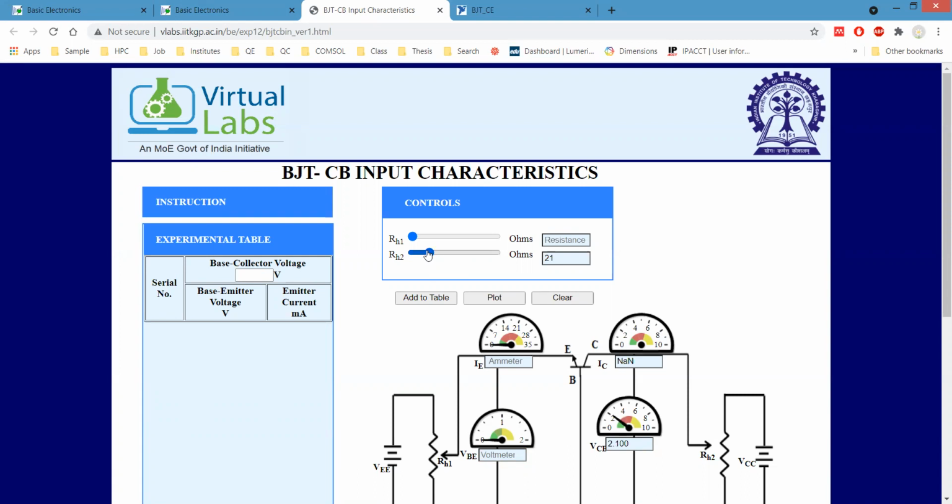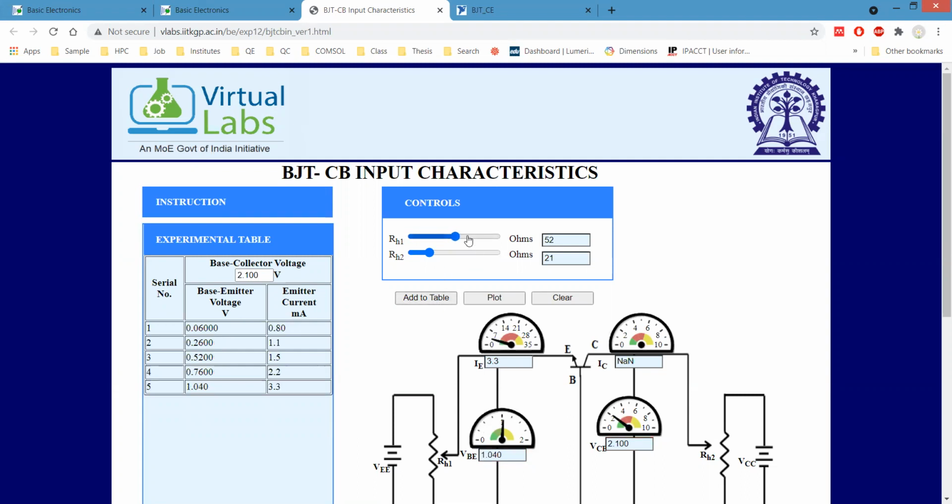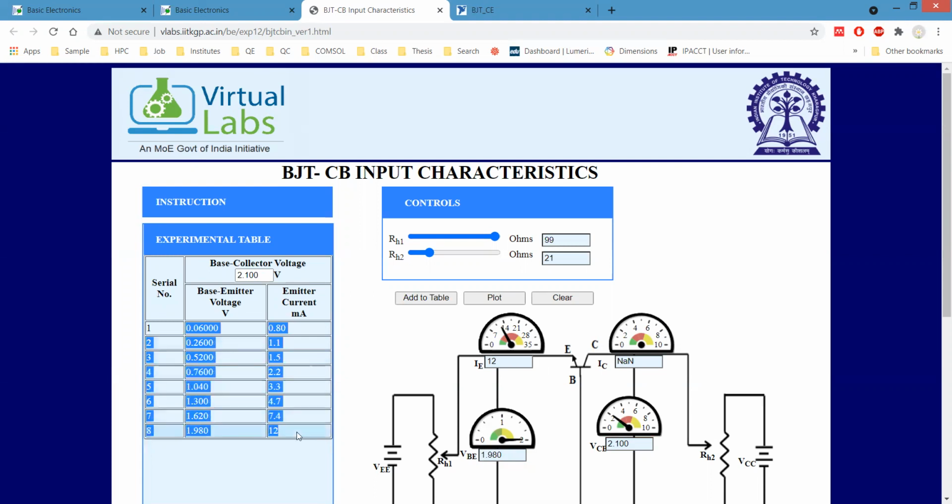So now consider the voltage VCB as 2 volt, and we'll take the same data for the input characteristics. In this case, VCB is 2.1 volt, and we are considering several data for VBE and emitter current. We just want to have a parametric plot and see whether there is any change, whether the collector base junction voltage is affecting it or not. So let me copy this data and plot it over there.